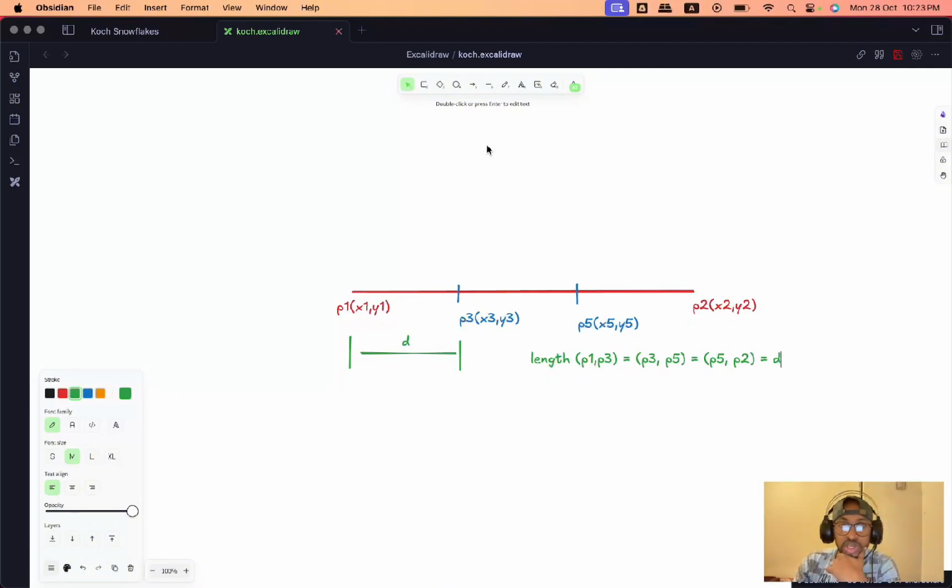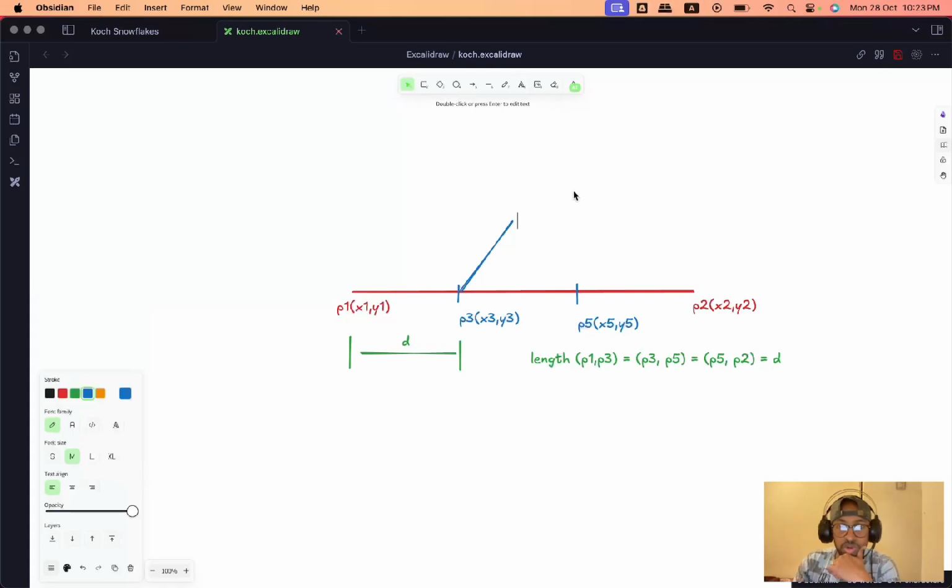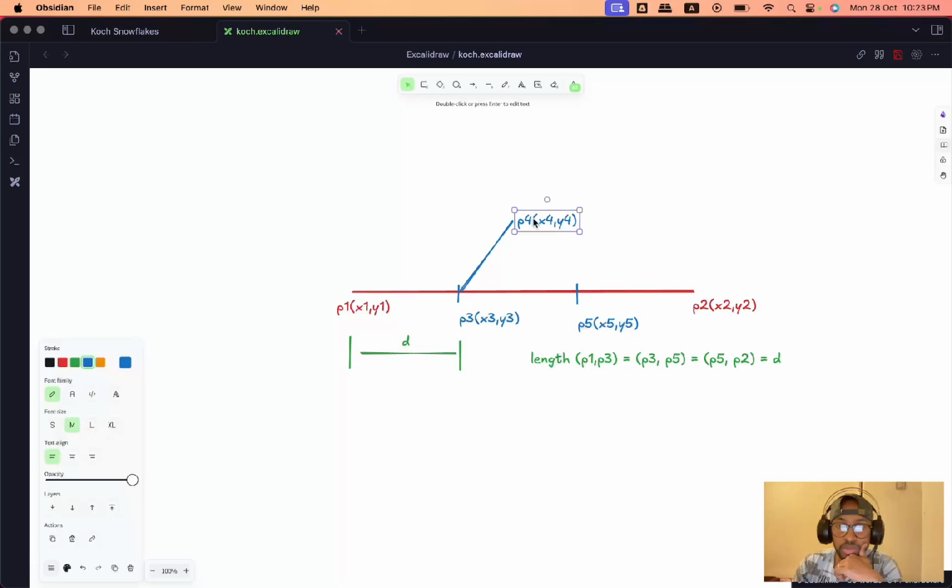two new points, and finally we need to find the 4th point. Let's call it P4, which is x4 y4.